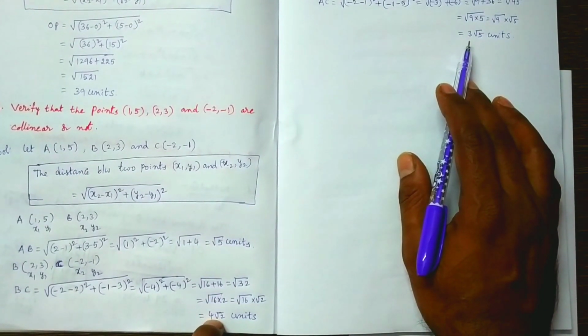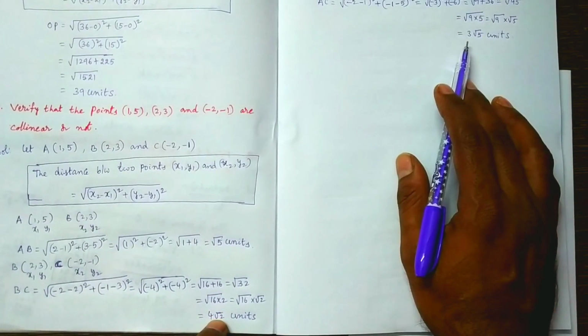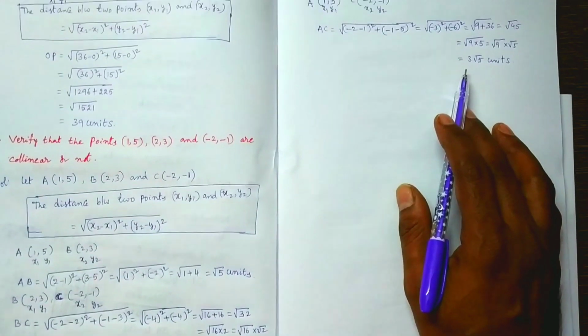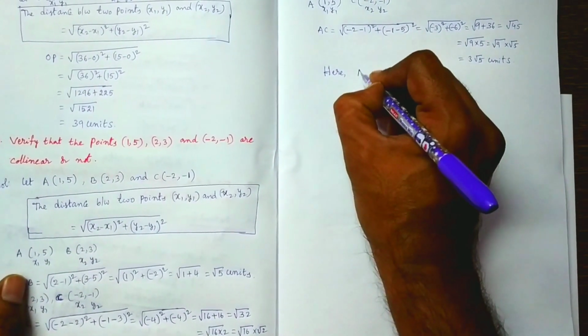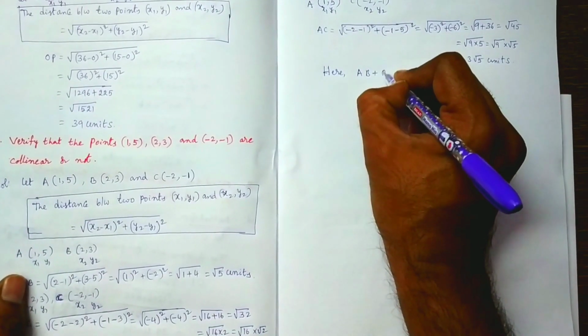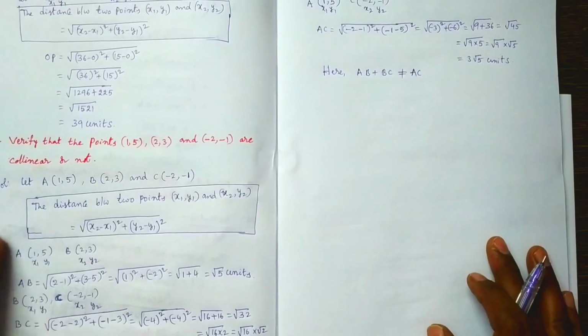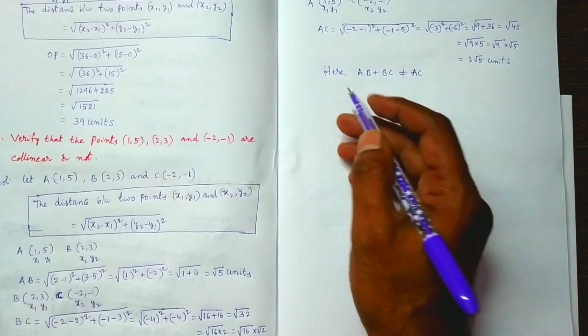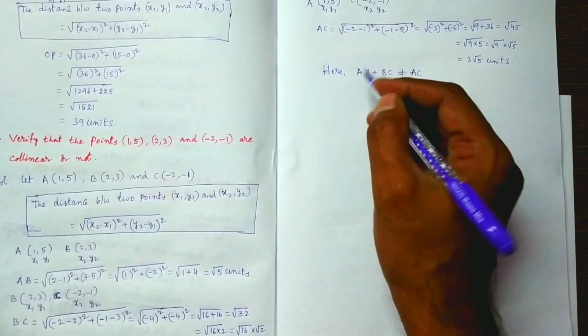If BC is 2 root 5 only, we will get AB plus BC equals AC. So here AB plus BC not equals AC. So the given points are not collinear.